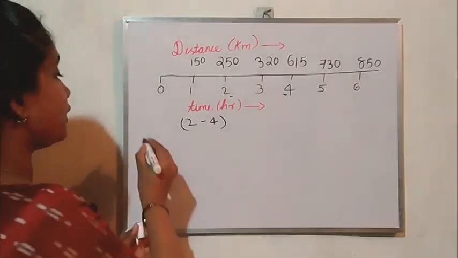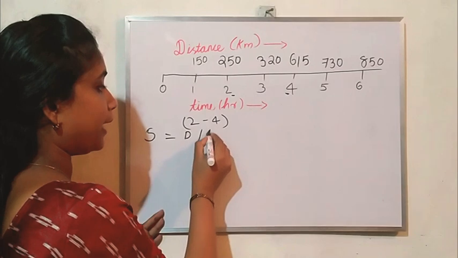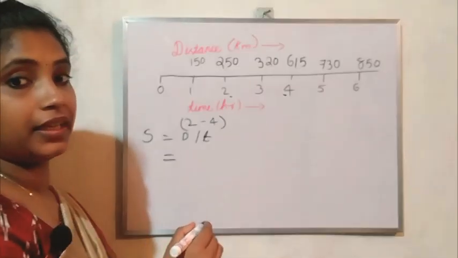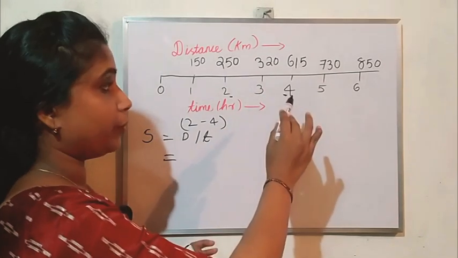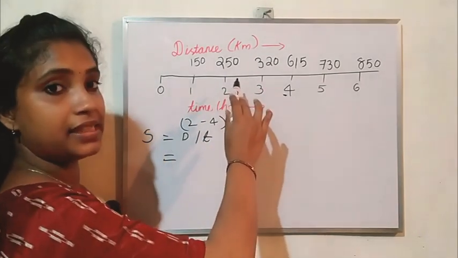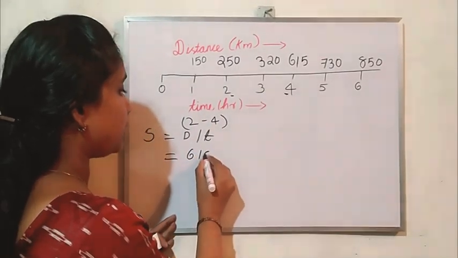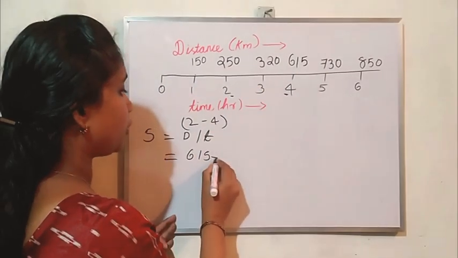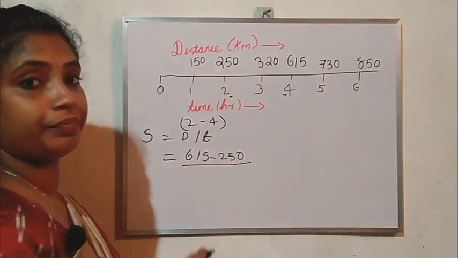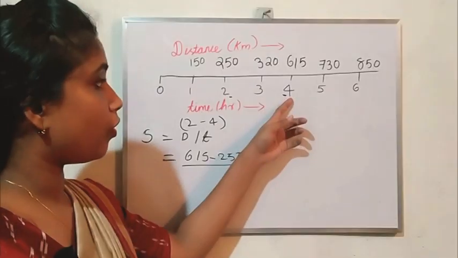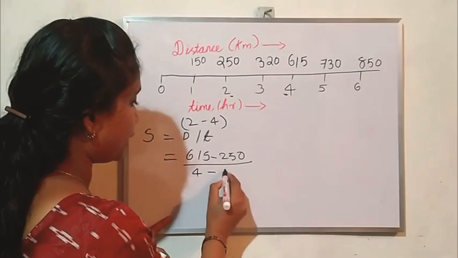We have speed S is equal to distance traveled by time. What is distance traveled here? At 4th hour the train is at 615 kilometer and at 2nd hour the train is at 250 kilometer. So distance is 615 minus 250. And what is the time? It is 4 minus 2.